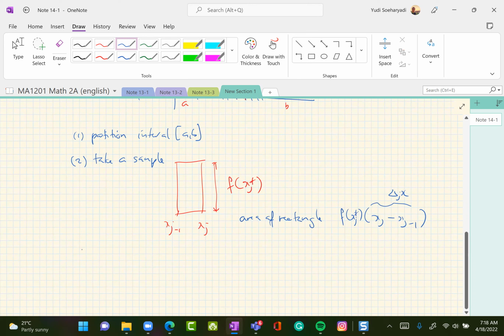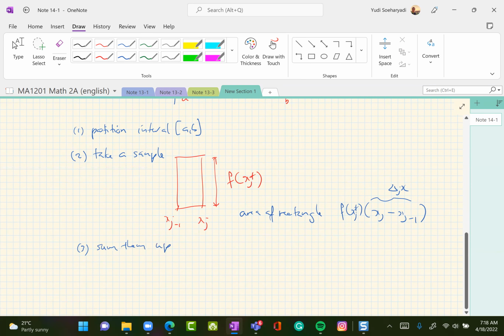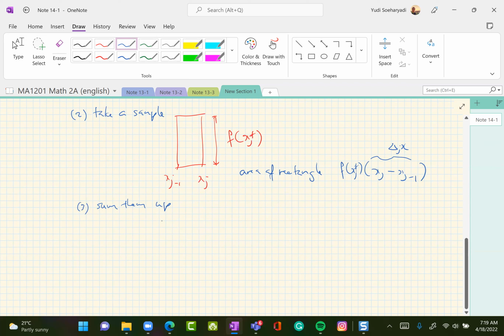Okay. And then the third is to sum them up. You sum all these rectangles, so you get this one.